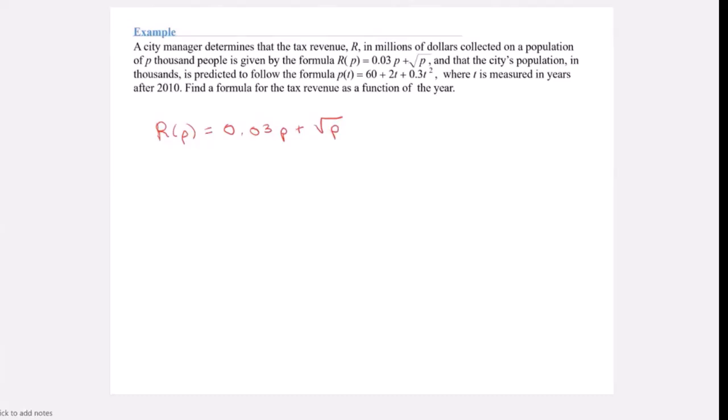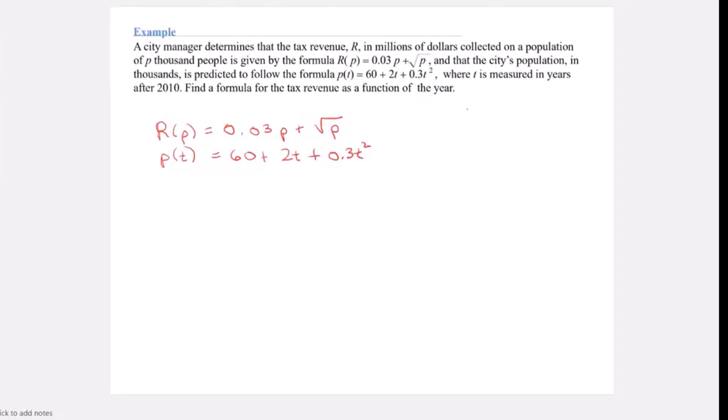And the city's population in thousands is predicted to follow the formula P of t is equal to 60 plus 2t plus 0.3 t squared. And it's basically telling us a couple of things.